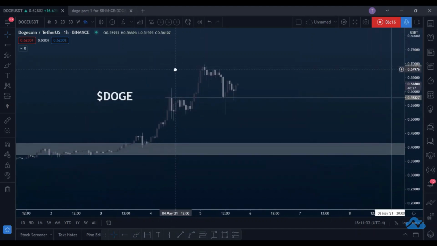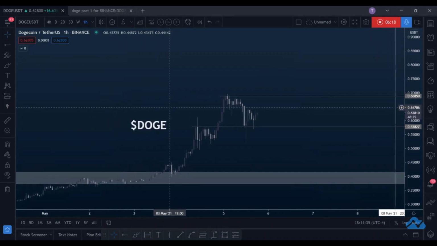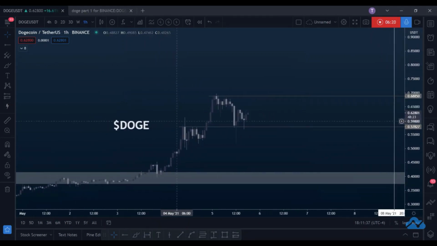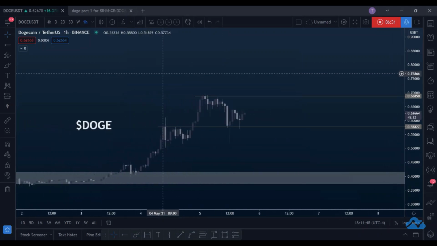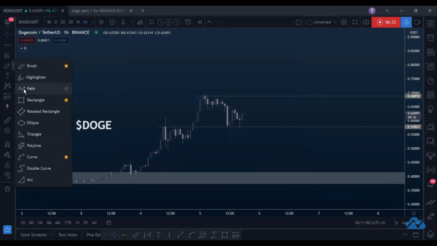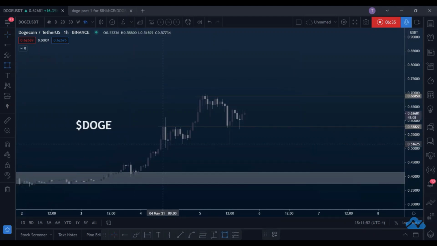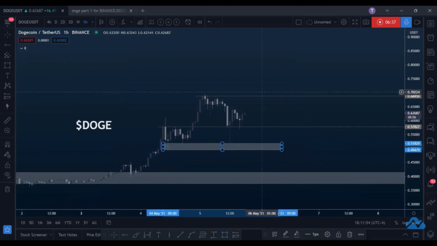So for me, if I'm looking at liquidity right now and I'm thinking, if I'm a big player and I want entry liquidity, I'm personally looking down here.